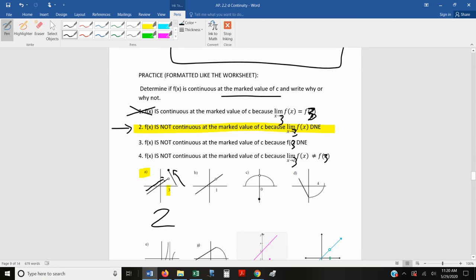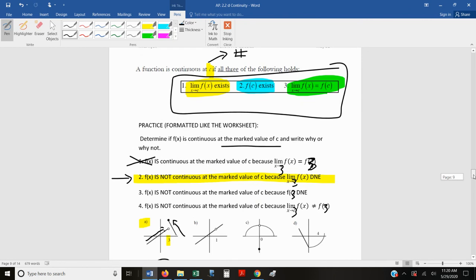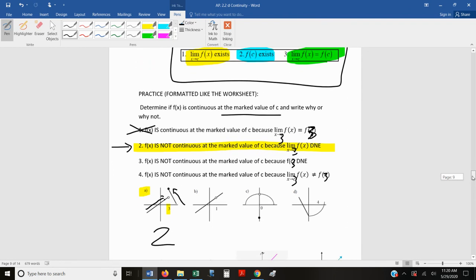So the continuity definition is falling apart at the very first part, which asks, do you have a two-sided limit at that number? No, we don't. So we don't have continuity. Okay, next one.